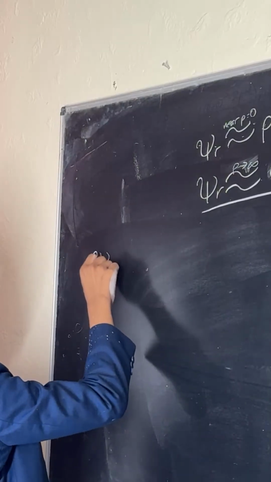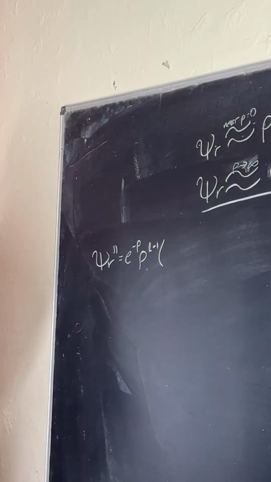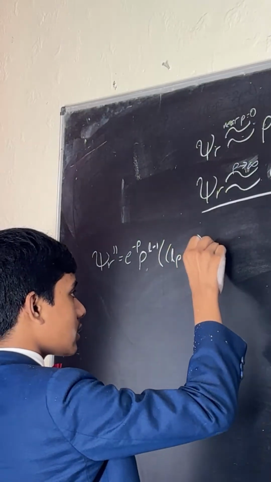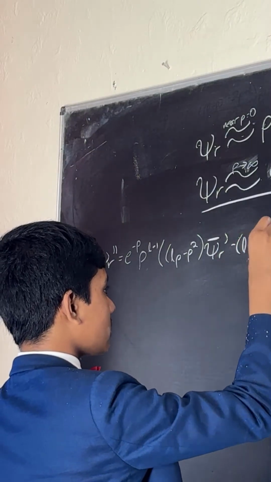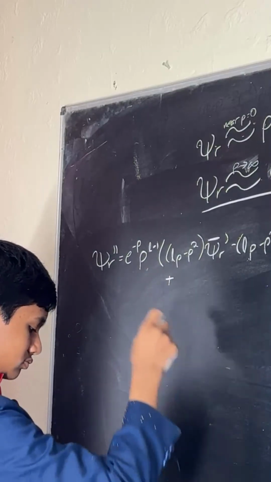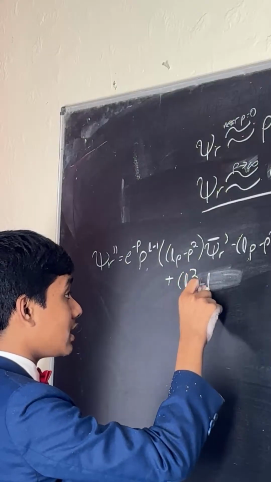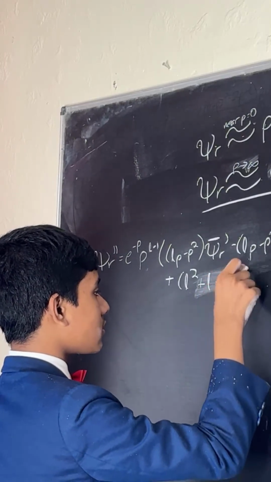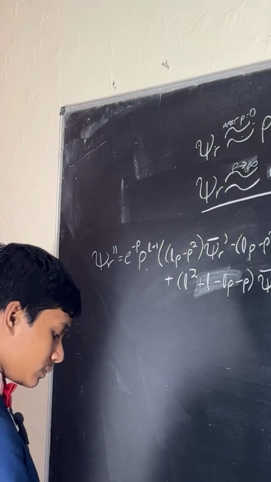So we get psi r double prime is equal to e to the minus rho, rho to the L minus 1 times, so you get L minus L rho minus rho squared multiplied by psi r overline prime, minus L rho minus rho squared psi r overline, plus L minus rho times L plus 1, which becomes L squared plus L minus L rho minus rho, multiplied by psi r overline. And then you get plus this.